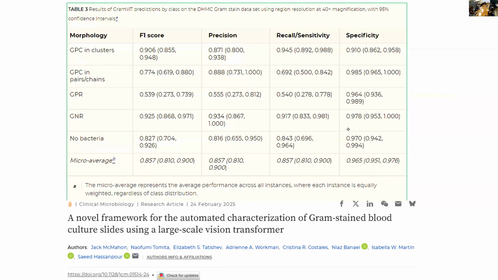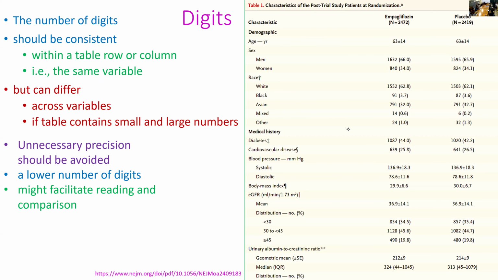Okay. Now, this is looking at a slightly different thing. This is looking at artificial intelligence and doing Gram stain microbiology. Yeah. She used the row percentage or the column percentage. Ah, good idea. Last time the stats guys, I took a class for you all. What are we comparing? Empagliflozin versus placebo. So if I want to compare 63 versus 63, I'm comparing these two.